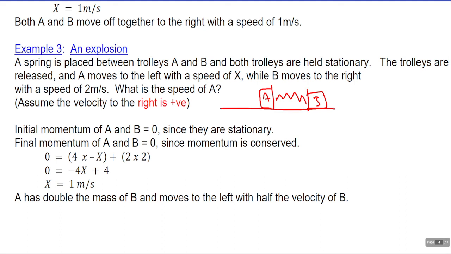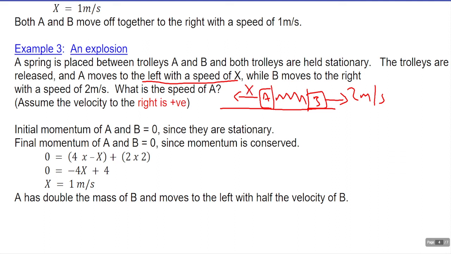So they are going to compress the spring, right, and then release. So when we release, A would move this way, B would move that way. So A will move to the left with a speed of x, and B moves to the right with a speed of 2 meters per second. Diagrams do help to understand what's going on.